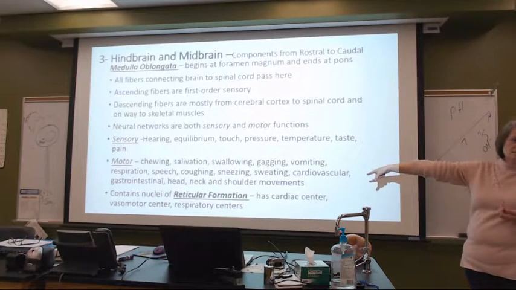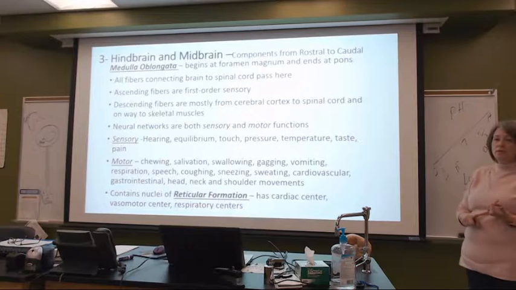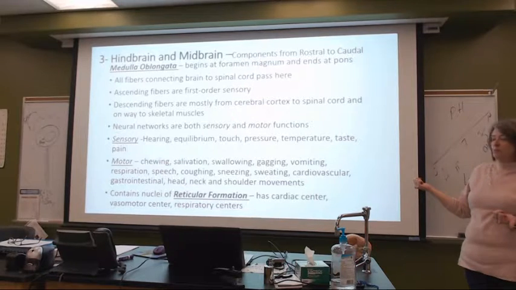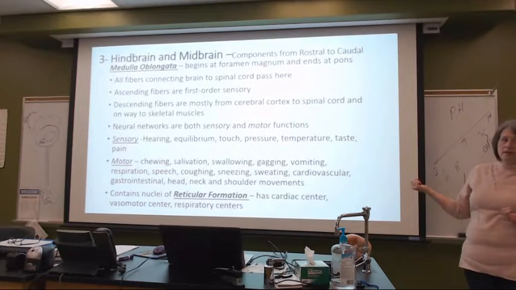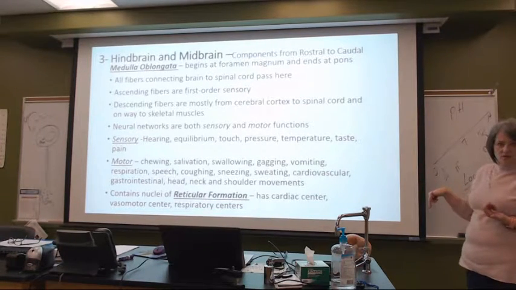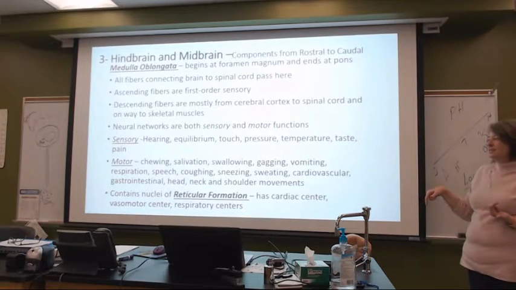Motor, that this area of the brain will work with: chewing, salivation, swallowing, gagging, vomiting, respiration, that one's going to be kind of tricky, speech, coughing, sneezing, sweating, cardiovascular, gastrointestinal, head, neck, shoulder movements.